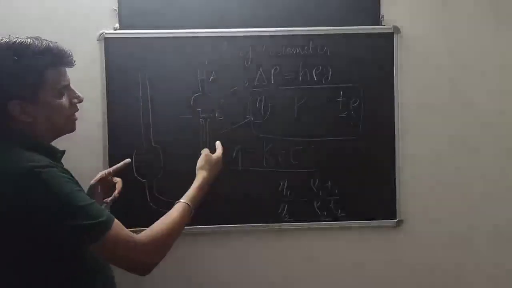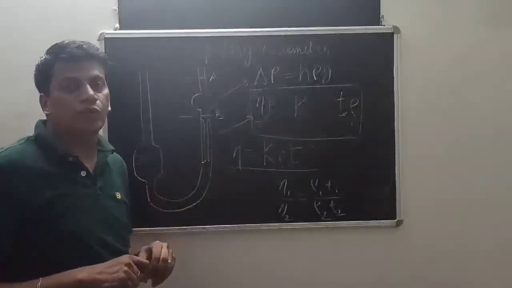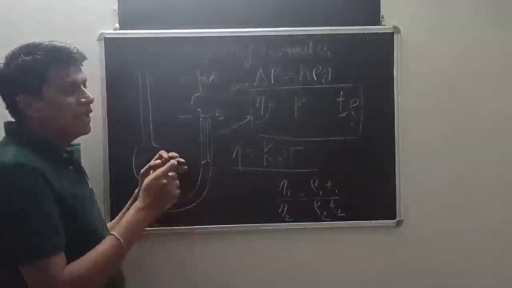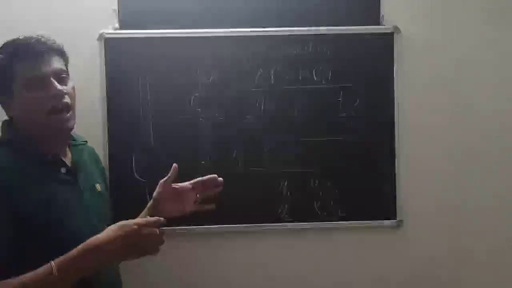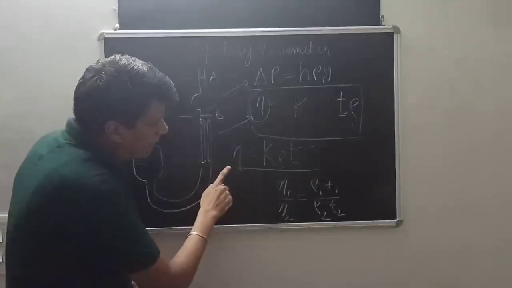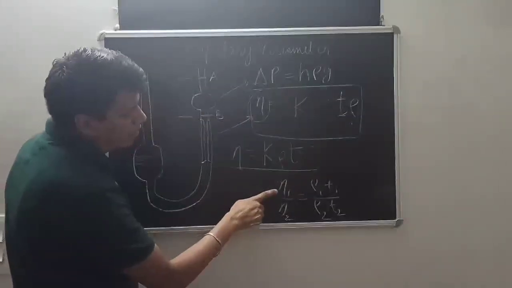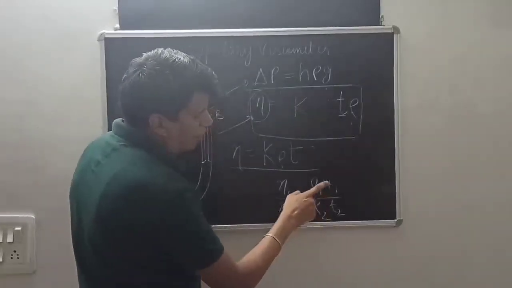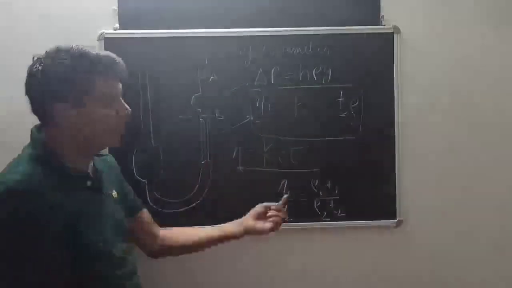So when we are determining relative viscosity, it means we have to use a standard liquid of known viscosity. Then we compare it with our test liquid. At that time, this equation is modified into eta1 over eta2 equals rho1 T1 over rho2 T2. Rho1 is the density of the first liquid.